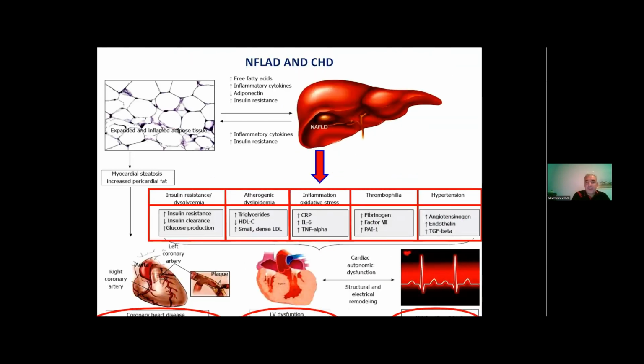And we see here, for example, that when we have an elevated insulin resistance, this results in atherogenic dyslipidemia, an elevation of the inflammation, oxidative stress, thrombophilia, and hypertension, which results in coronary heart disease and left ventricular dysfunction.